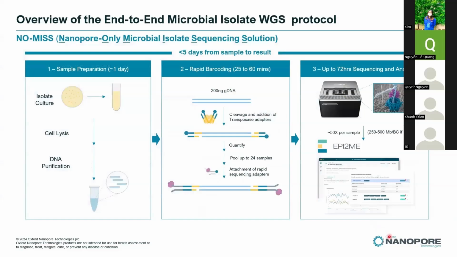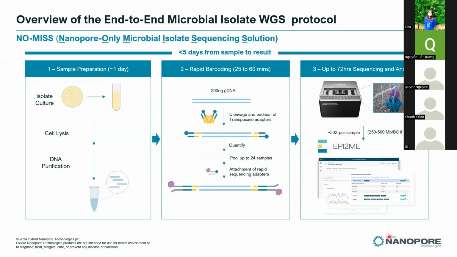So this is the overview of the end-to-end microbial isolate whole genome sequencing protocol. This is a very flexible approach that allows you to sequence up to 24 microbial isolate genomes per MinION flow cell, generating a minimum coverage of 50x per genome.